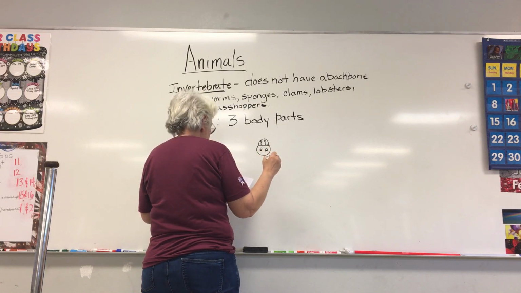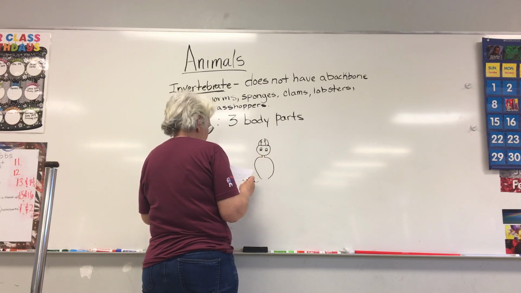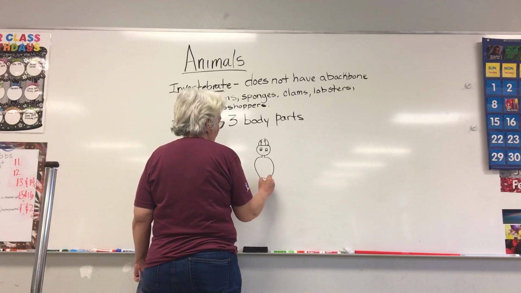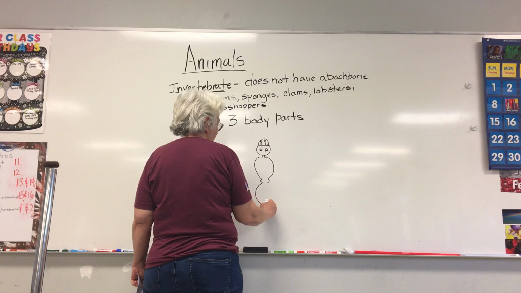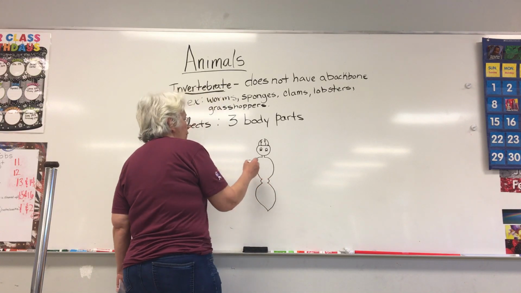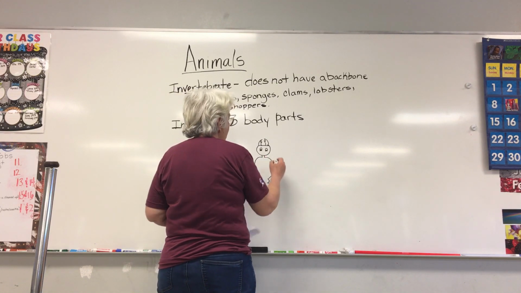That's his first part, and then it comes down and makes the second part of his body, called the thorax. I'll label that in just a second. The third part of his body is the abdomen, and off of his thorax are his legs.